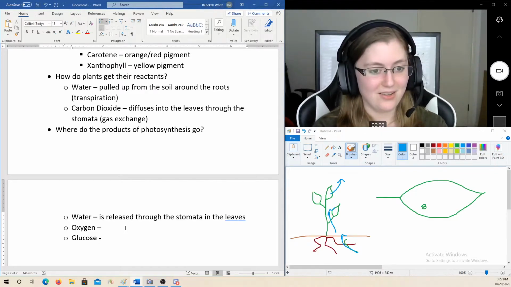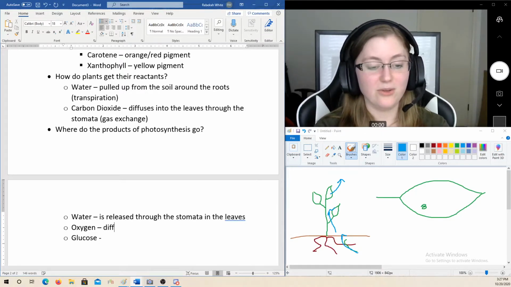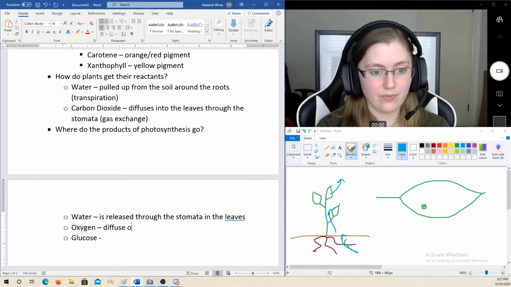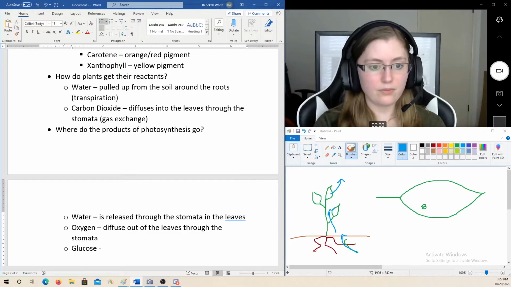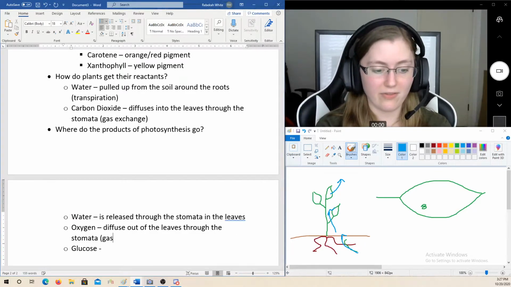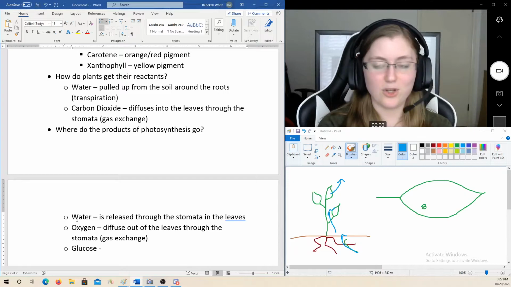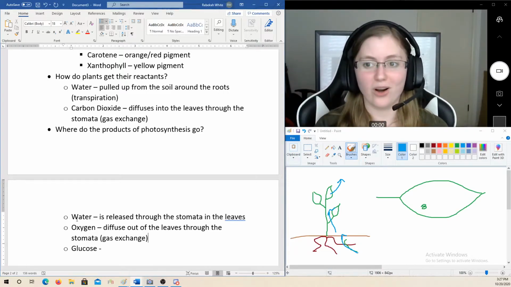Exactly. So oxygen is going to diffuse out of the leaves through the stomata, right? This is the other part of gas exchange.